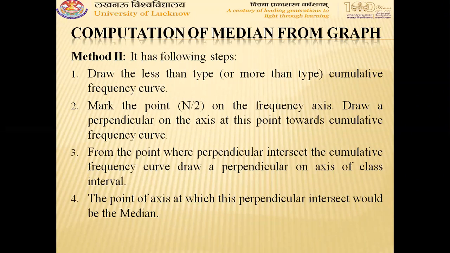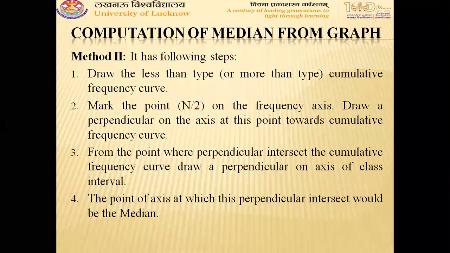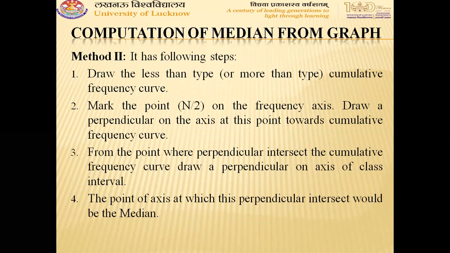At the point where the perpendicular intersects the cumulative frequency curve, we draw a perpendicular to the axis of class interval. And the point at which this perpendicular intersects the axis of class interval would give the median.